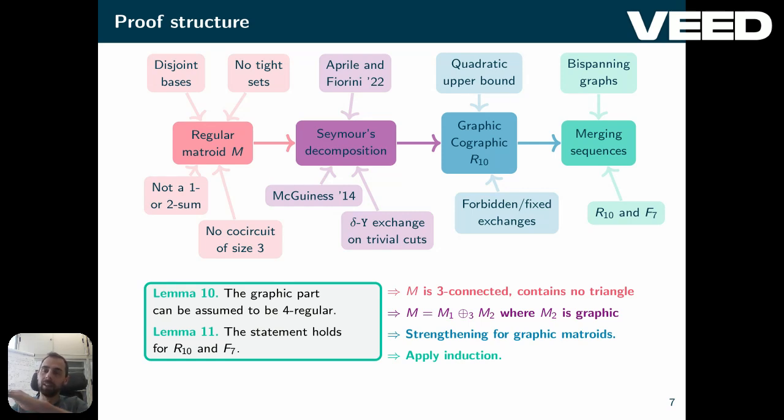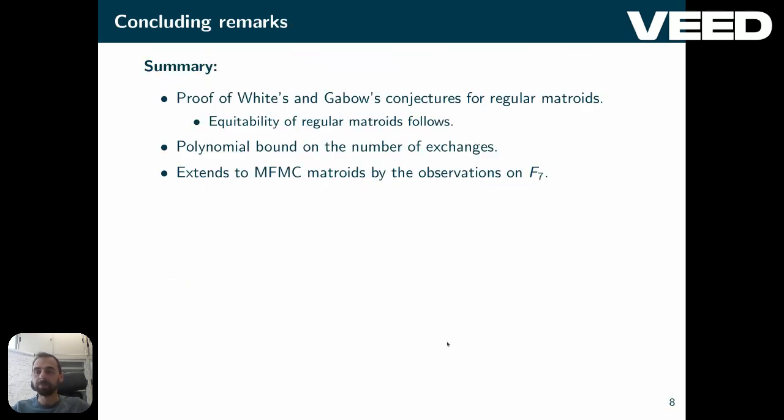So this is a bit more detailed description of the proof, but as you can see, it still involves a lot of technical details that need to be put together to get the proof at the very end. Okay, so summing up, we proved all three of the conjectures that I mentioned in the beginning of the talk, and in fact, our results extend to the class of max flow min cut matroids, so MFMC matroids.